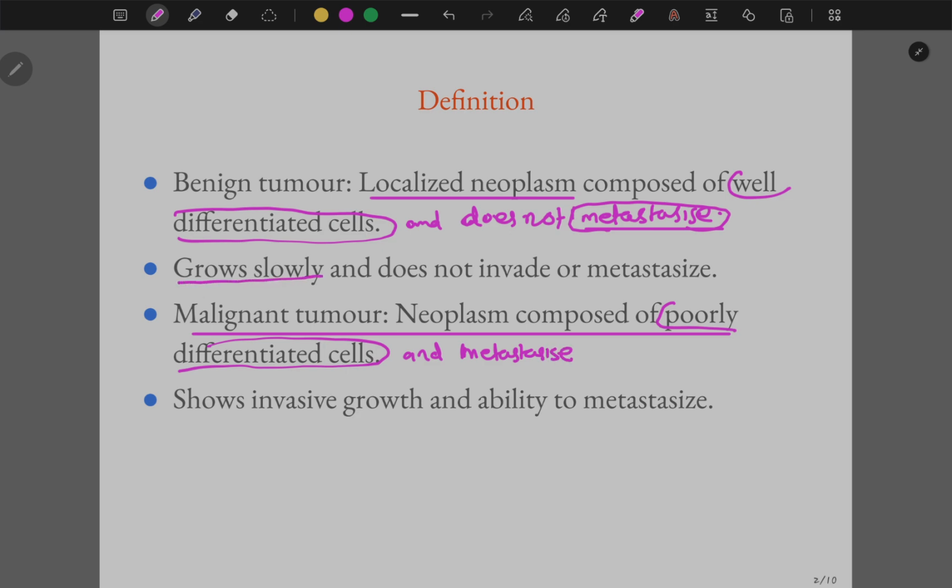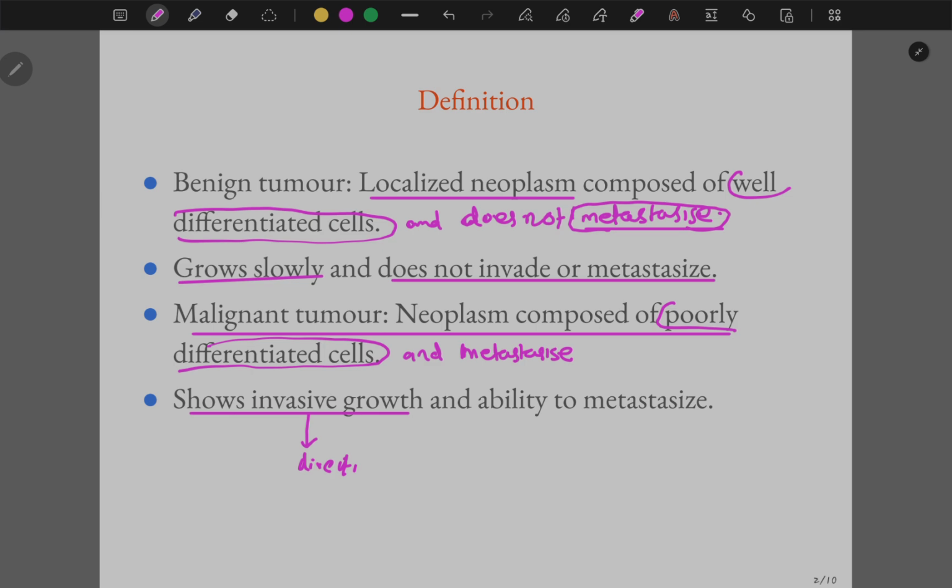Benign tumors grow slowly and do not invade or metastasize, while malignant tumors show invasive growth. Invasion means direct local invasion: they can invade local tissues by direct extension into the local tissue.